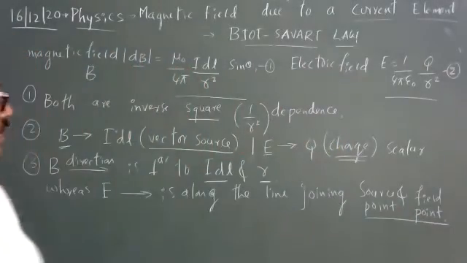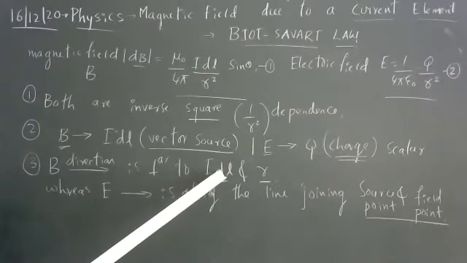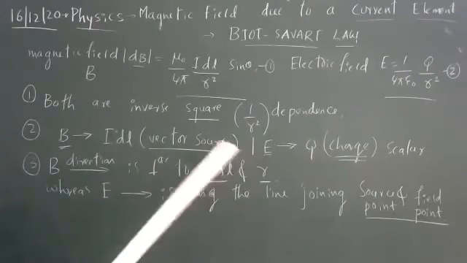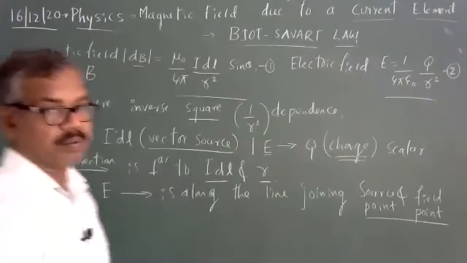I hope things are very clear. The magnetic field direction is perpendicular to the source element and the radial vector, whereas the electric field is along the line joining the source and the field point.